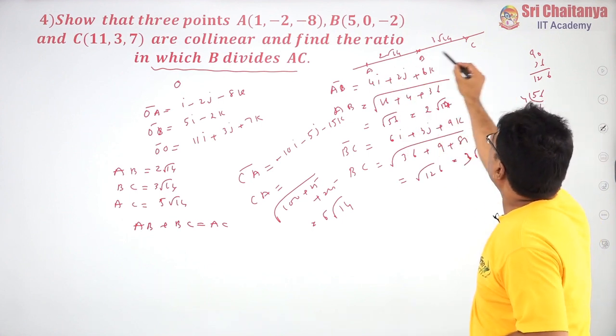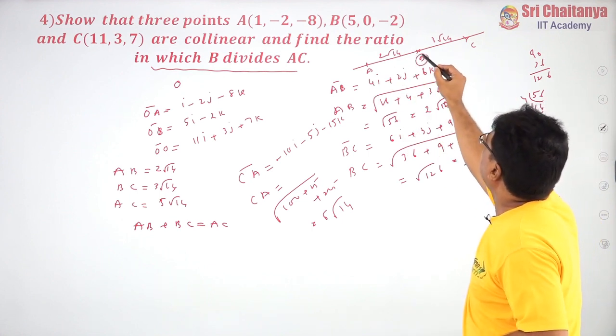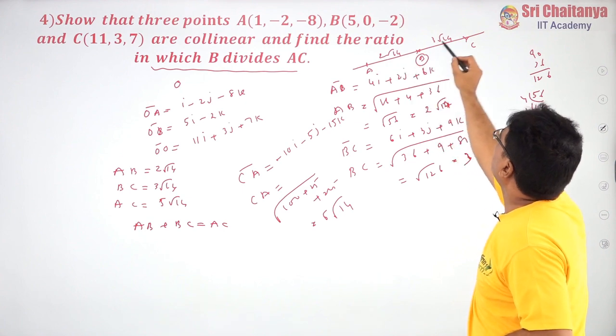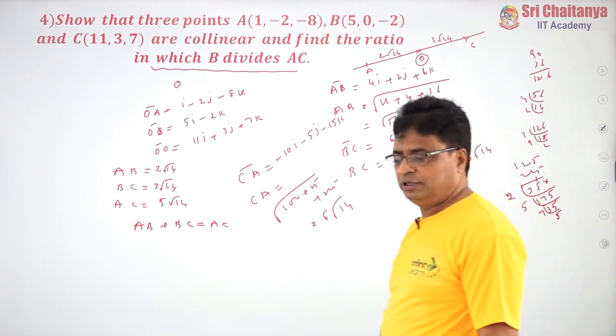Moreover, from this diagram it is very clear that B divides AC in the ratio 2 root 14 to 3 root 14, that is 2 is to 3.